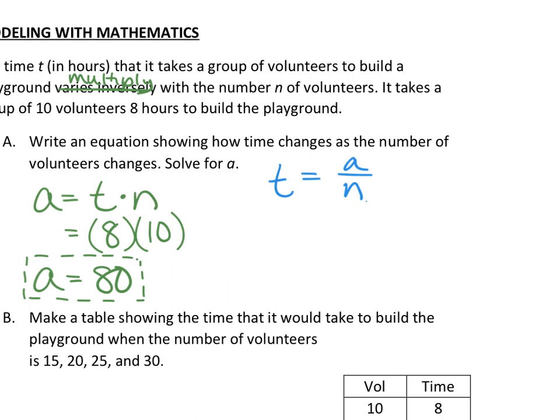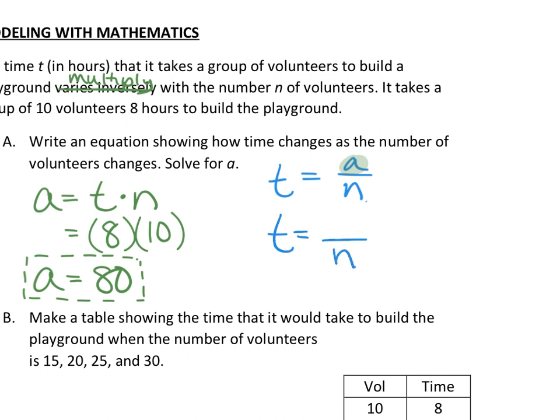Okay, great. Well, if this is t's and n's, the only thing I need to plug in here is the a value, which we just found. What's the a value? 80. So I would have 80 divided by n.